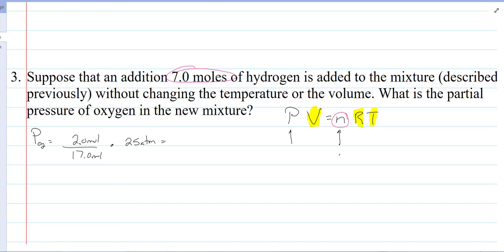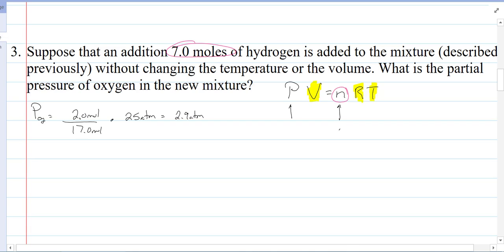They'll say it's 2.9 atmospheres. And then I'll say, okay, good, but then we do what we just did here. PV equals nRT. If N changes, P changed, so 25 is not the case. So now we have to figure out the new pressure. And they go, oh, okay. So can we do that? Yes. So P equals nRT over V.